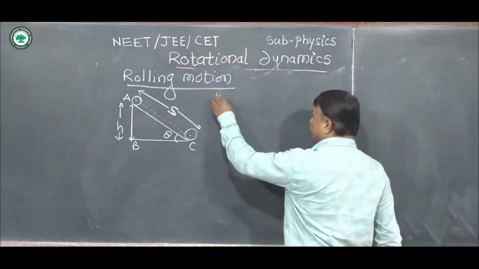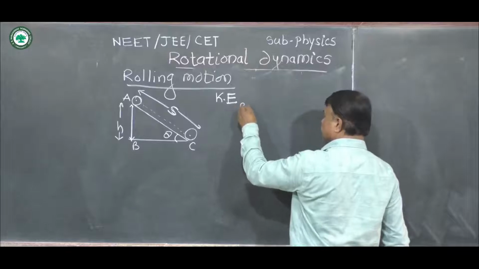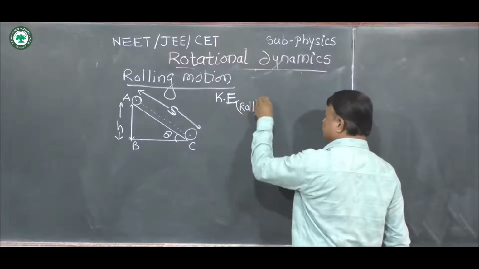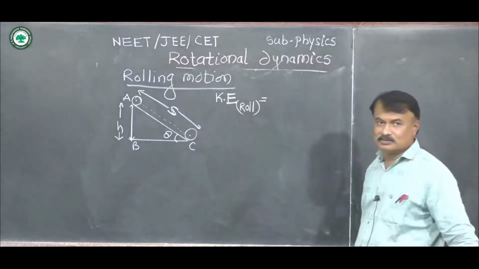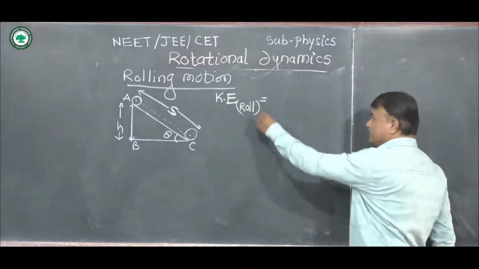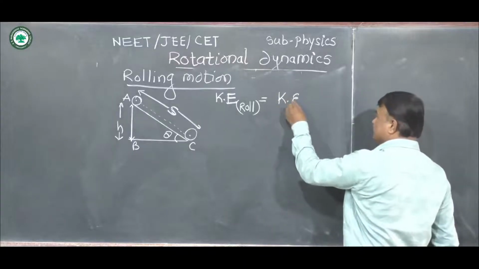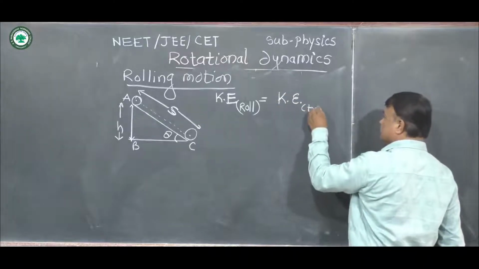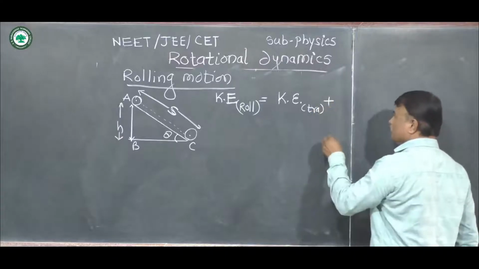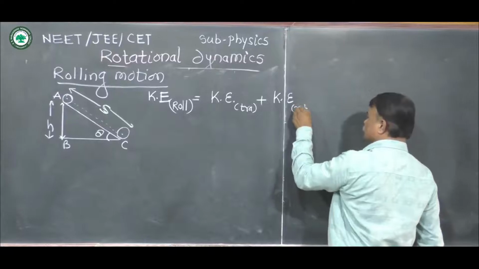So we find the kinetic energy of a body rolling about its center. The kinetic energy of rolling motion is equal to the sum of the kinetic energy of translational motion plus the kinetic energy of rotational motion.